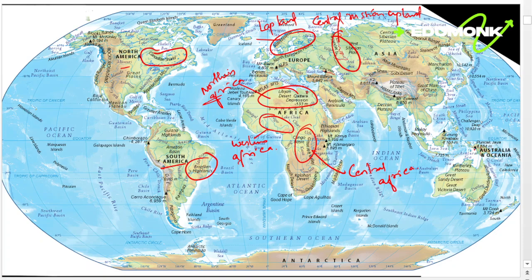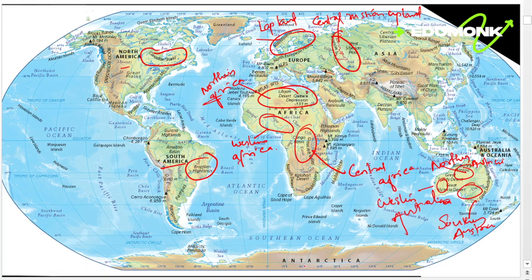Here you can see three kinds of relief features. The first one is Western Australia. Then Northern Australia. Then Southern Australia.